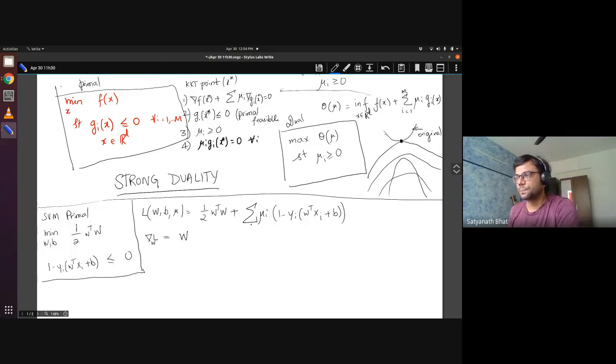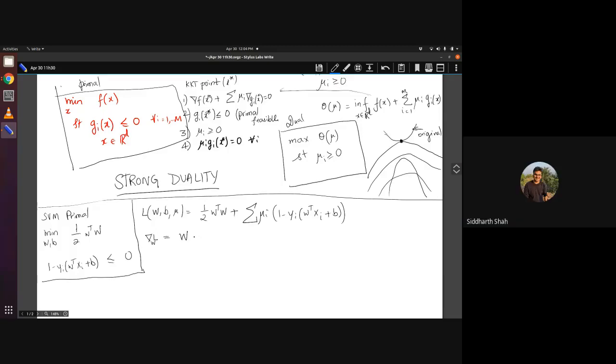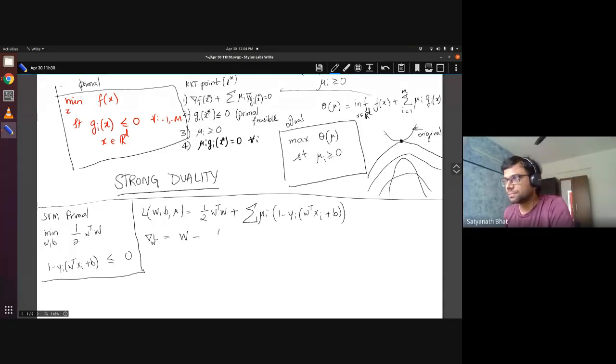So go ahead. Minus summation mu i yi xi. The mu i term that doesn't involve W goes away. Then coming inside, what we see is mu i yi W transpose xi. So that will be mu i yi xi. Very good.